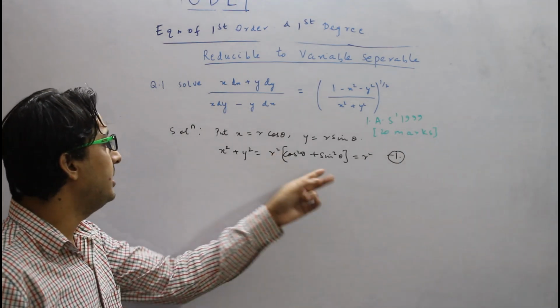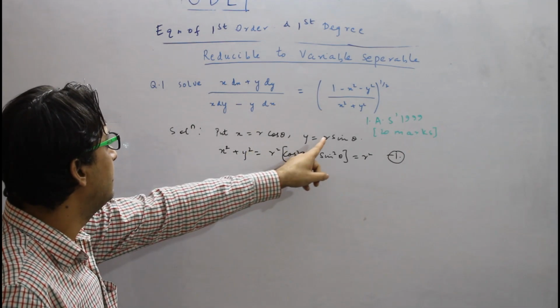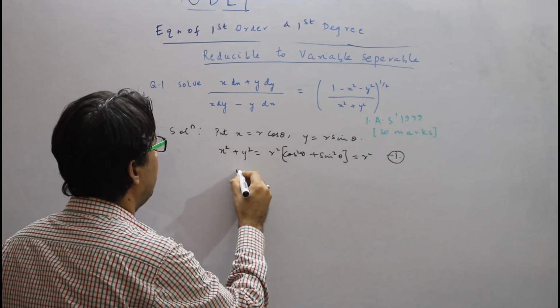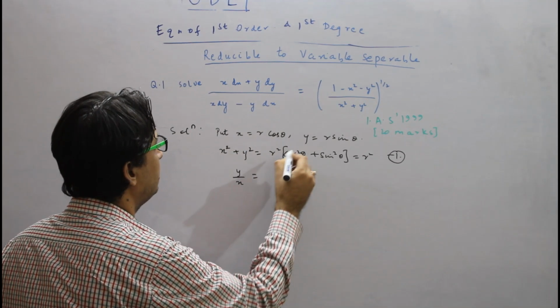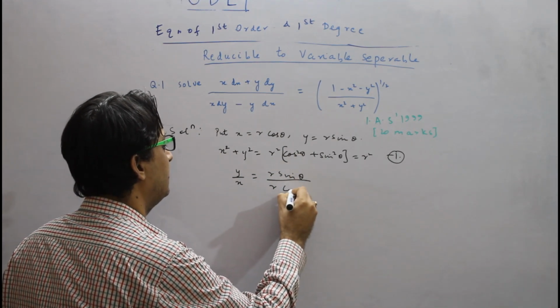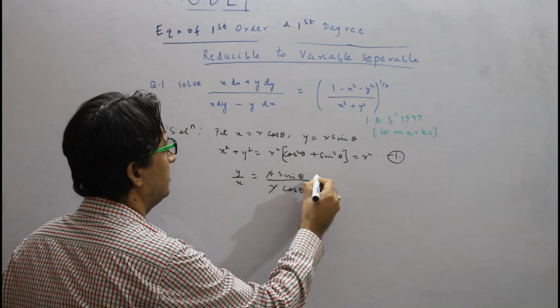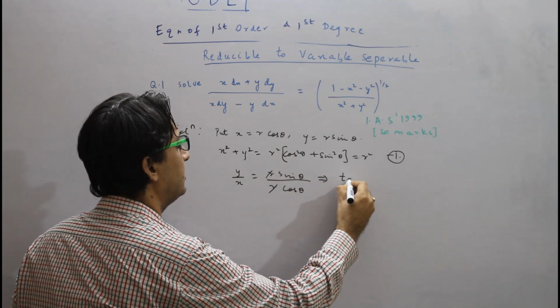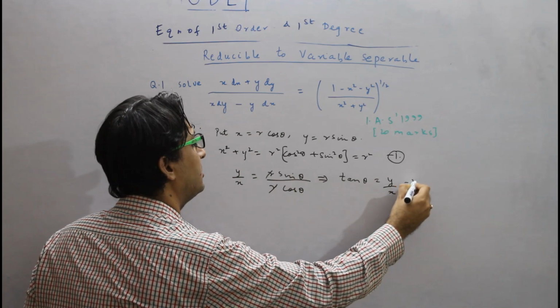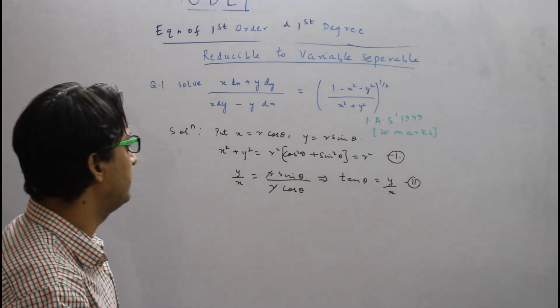Similarly, if I divide y by x, that is y by x is equal to r sin theta divided by r cos theta. So we get tan theta is equal to y by x, and I am calling this equation 2.